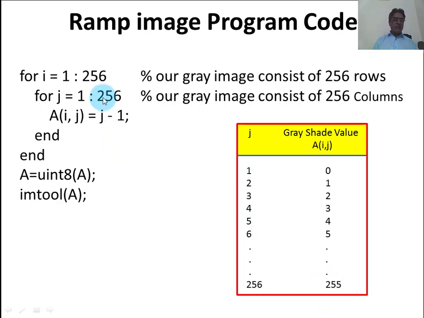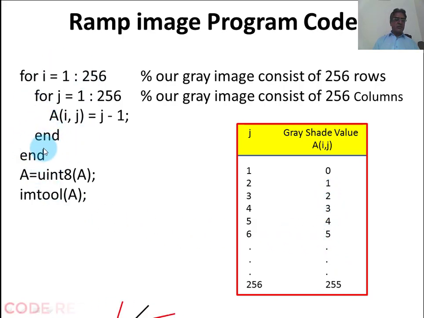When J gives us the last value, J is equal to 256, 256 minus 1 becomes 255, and 255 is the last gray value, which is called the white color shade, and 0 is called the black color shade. In between 0 and 255, from 1 to 254, these are the gray shades.